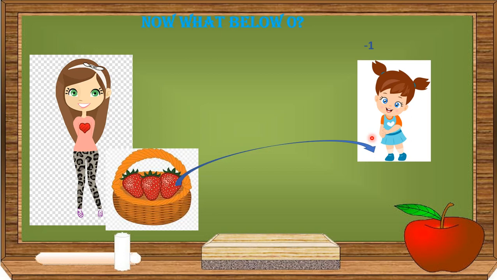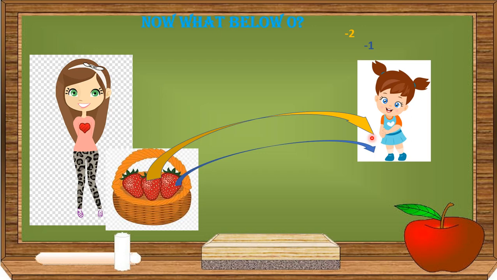Now again, if she borrows one more strawberry, the total number of strawberries in this case is 2, but she has to return that. So as she has to return, that is minus 2.